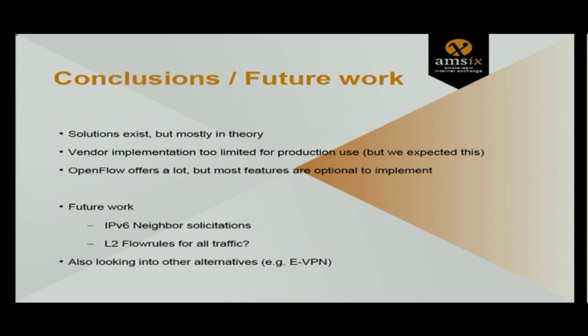We would like to extend this further. We're working with our vendor to get some of the missing features implemented. We're also looking at IPv6 because some of these issues, like the spoofing problem, also apply to IPv6. So we would like to implement a similar solution for IPv6. We also look at implementing OpenFlow for all our traffic streams, so have layer 2 flow rules for all traffic, MAC address to MAC address.